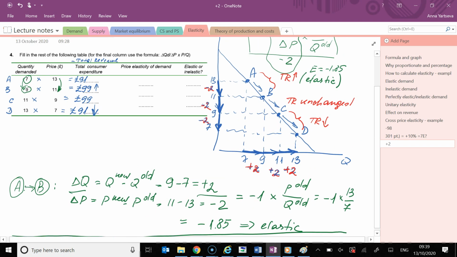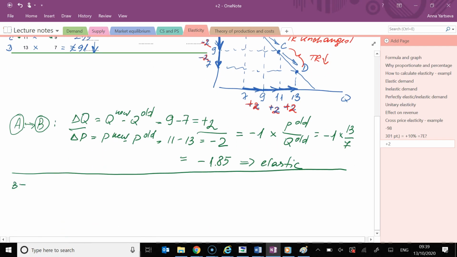Okay, so now let's move between points B and C. As we move between points B and C, we want to calculate elasticity, which will be change in quantity divided by change in price times old price divided by old quantity, our formula.